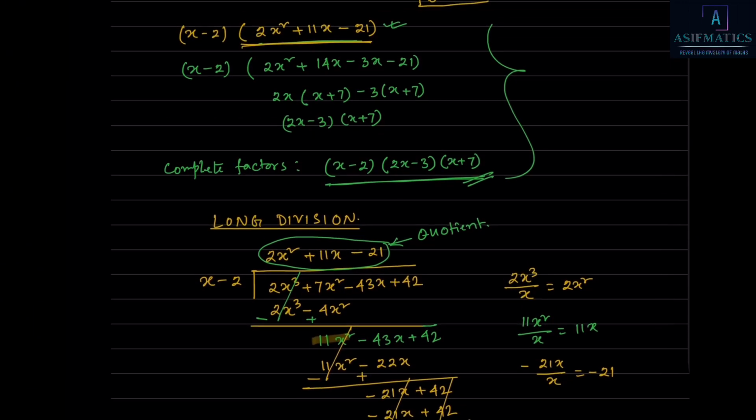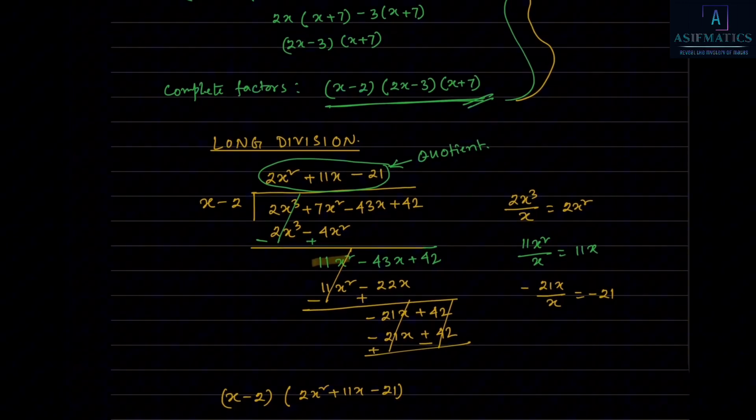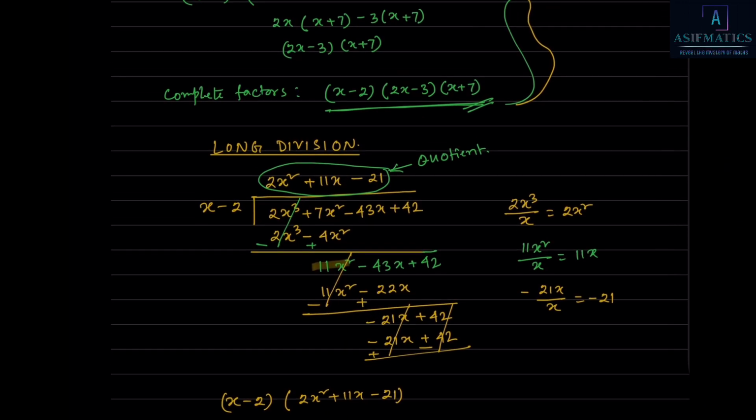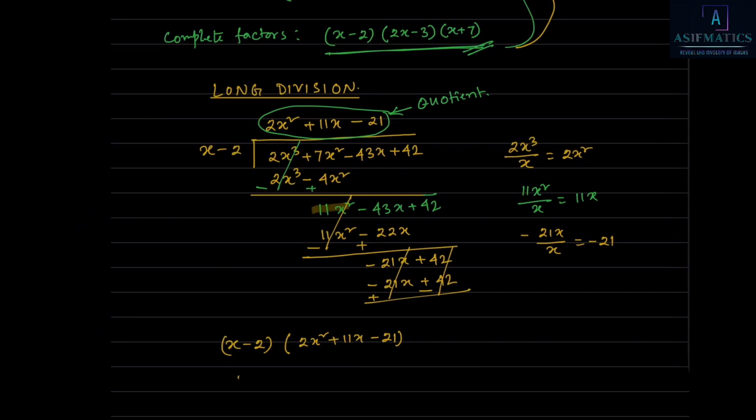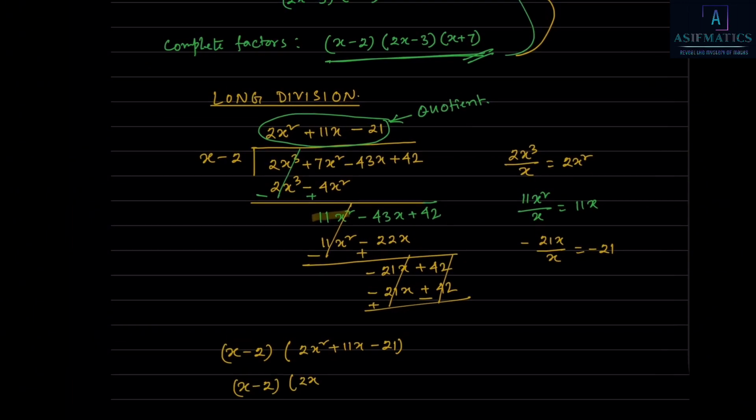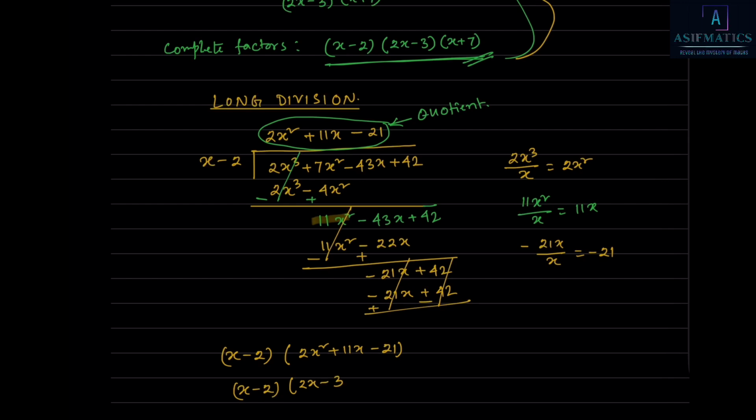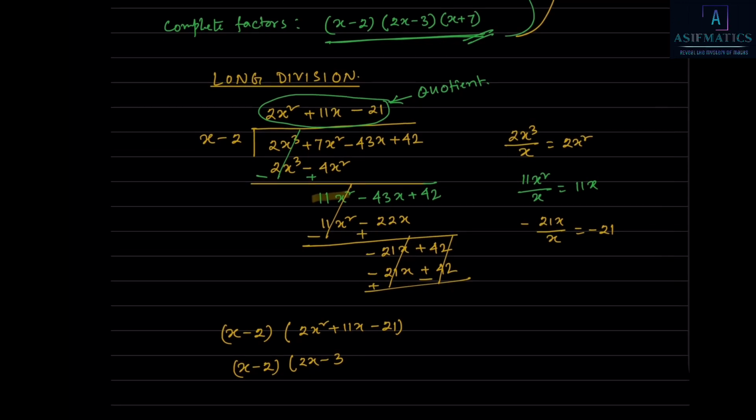Follow the same steps, and you can get the final result as before, that is x minus 2, then 2x minus 3, and finally x plus 4.